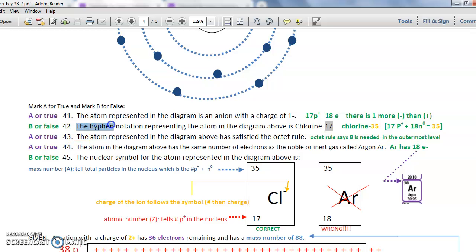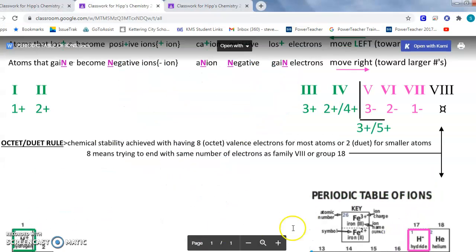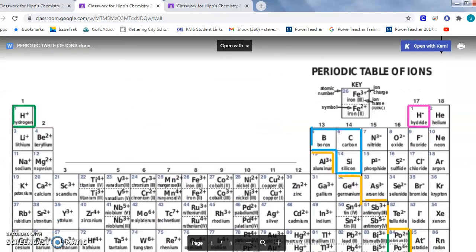Number 42, the hyphen notation representing this diagram. I think I skipped 42. The hyphen notation would be chlorine hyphen 35. Hyphen notation gives us the mass number. When you use hyphen notation, they're assuming you have a periodic table. When you have a periodic table, you can always look up the atomic number. Here's a periodic table of ions.